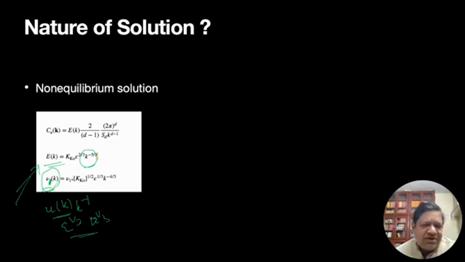If I substitute this, then I get k to the minus 4/3, epsilon to the 1/3 as the functional dependence on epsilon and k. But there are prefactors, so we'll have nu_1 star, which is a constant we don't know and would like to compute, and the square root of the Kolmogorov constant. We keep it that way for reasons that will become clear.